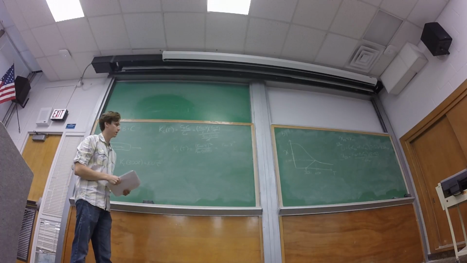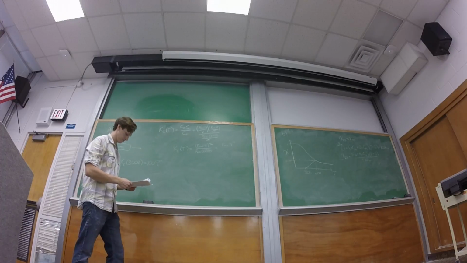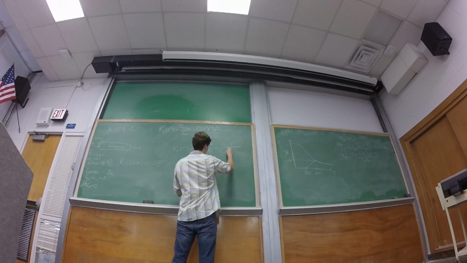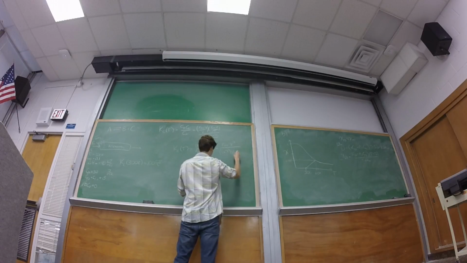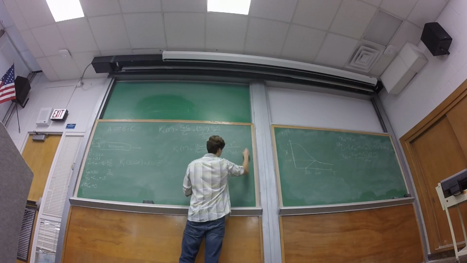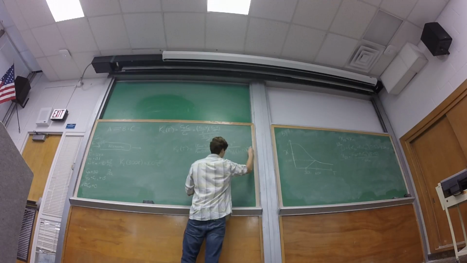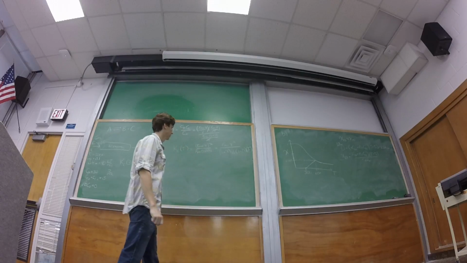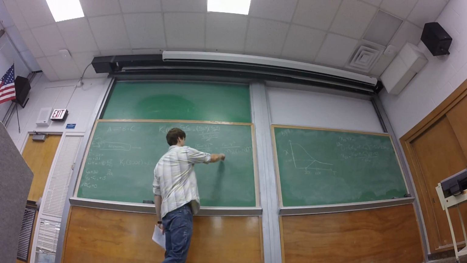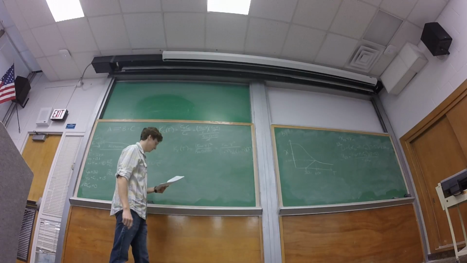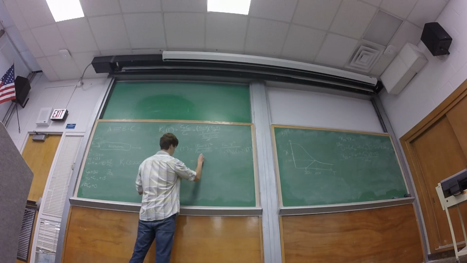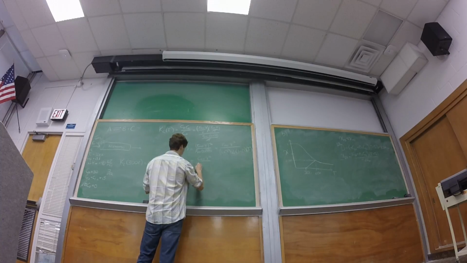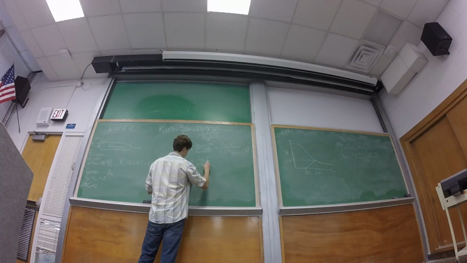Oh, well, we got to take it off. Yeah, it's coming right now. So you can recognize F naught over V naught again is just concentration. That's C naught x squared over 1 minus x, 1 plus epsilon x.